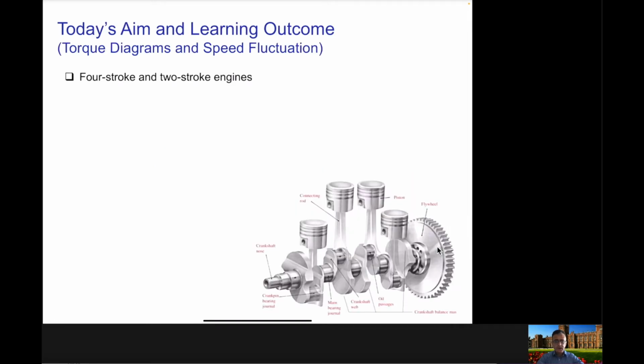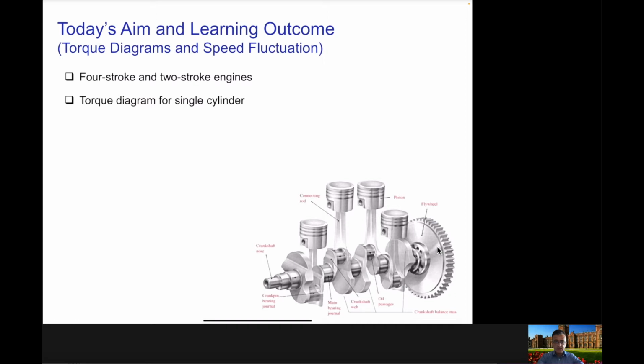Okay, so in today's lecture, we will mainly concentrate on the torque diagram and speed fluctuation. As you can see here, the torque diagram is the output from a 4-stroke or 2-stroke engine. So just to keep everything in context, we will revise the idea of 4-stroke and 2-stroke engines.